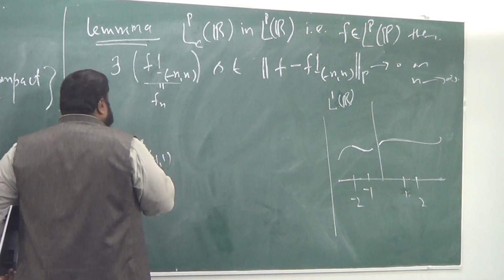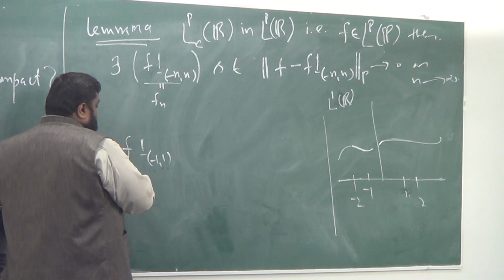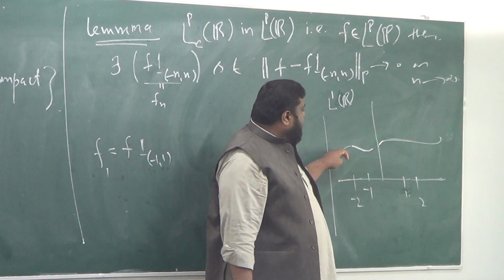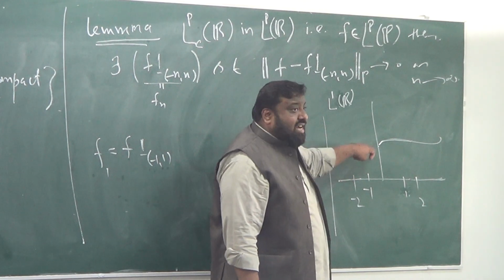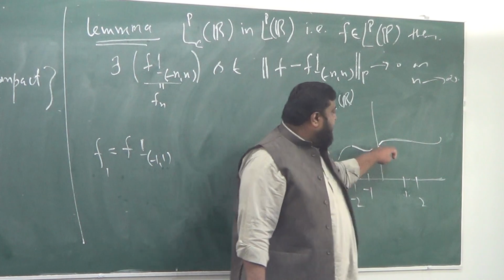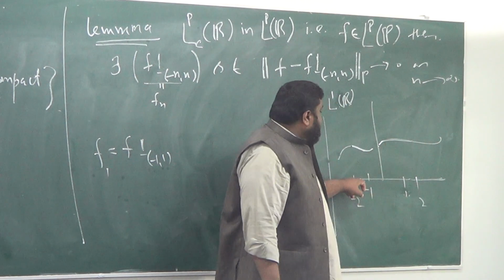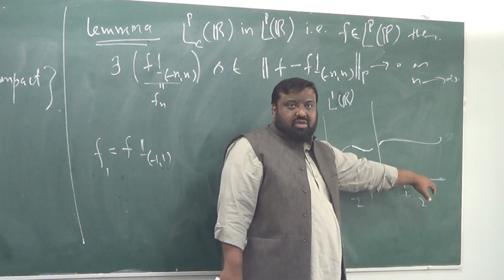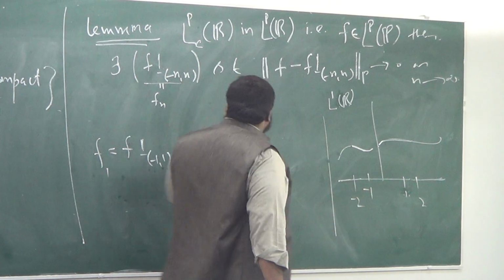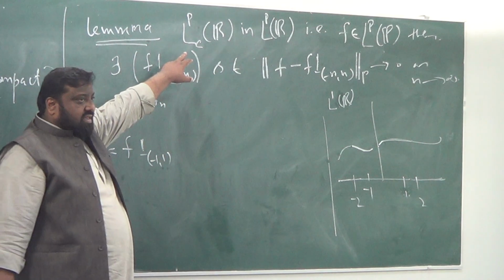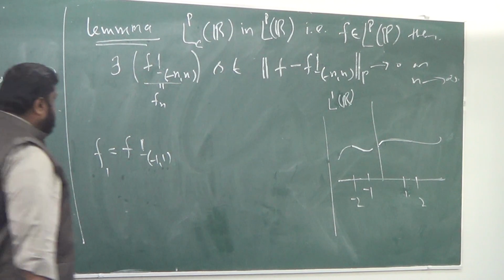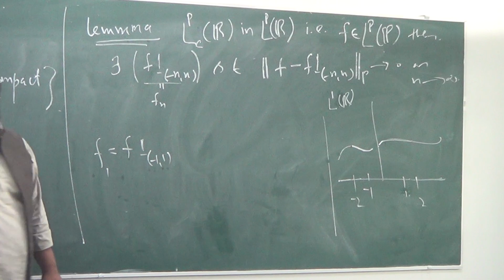Obviously, all these functions are integrable. Why is F_2 integrable? Just think about it. I can compute the area under this part, and it has compact support, because outside the interval minus 2 to 2 it's 0. So that's an element precisely in the p-integrable functions with compact support. This is what it means pictorially.